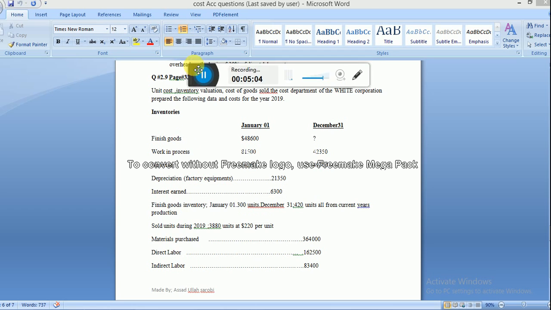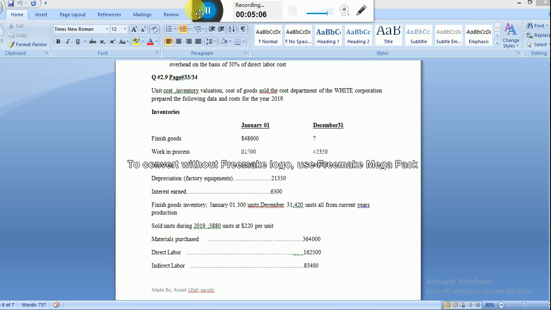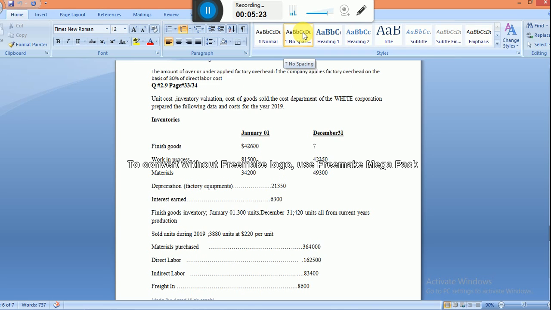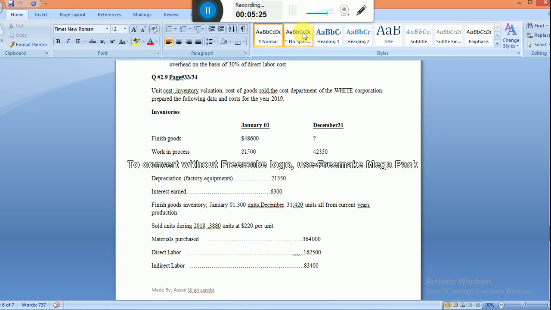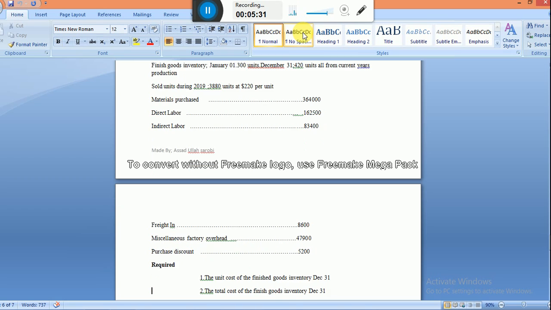Material purchased, how much? $364,000 material purchased during the year 2019. Direct labor is $162,500. Indirect labor is how much? That is 83,400. This is indirect labor.